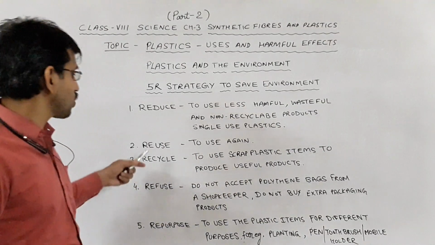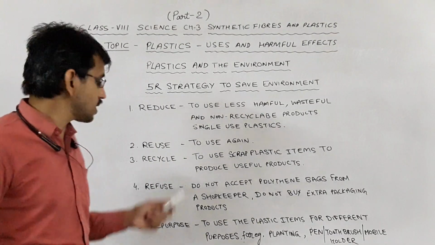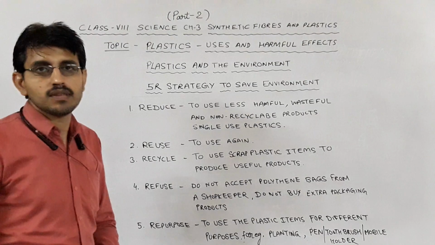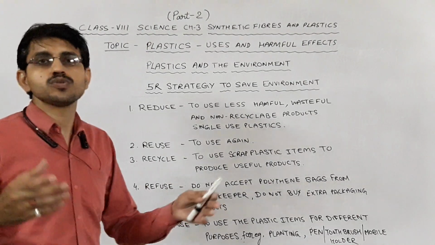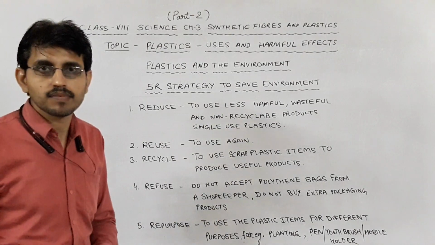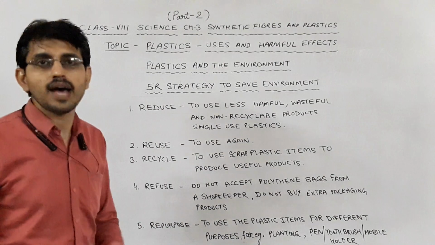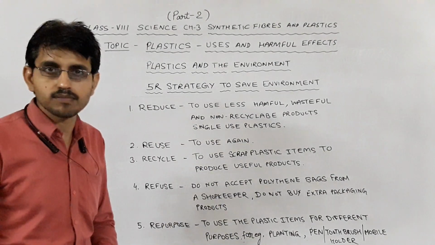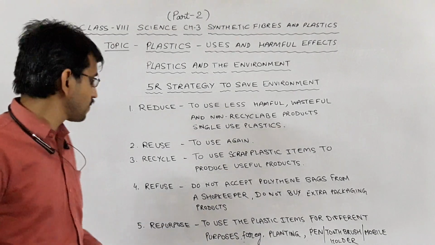But compared to recycle, the reuse strategy is much better because in recycling, energy is required to recycle scrap plastics to produce new plastic items. But in the reuse strategy, the same item is reused again and again as long as possible. So we don't need to buy new plastic items, and definitely the quantity of plastic containers would not increase.